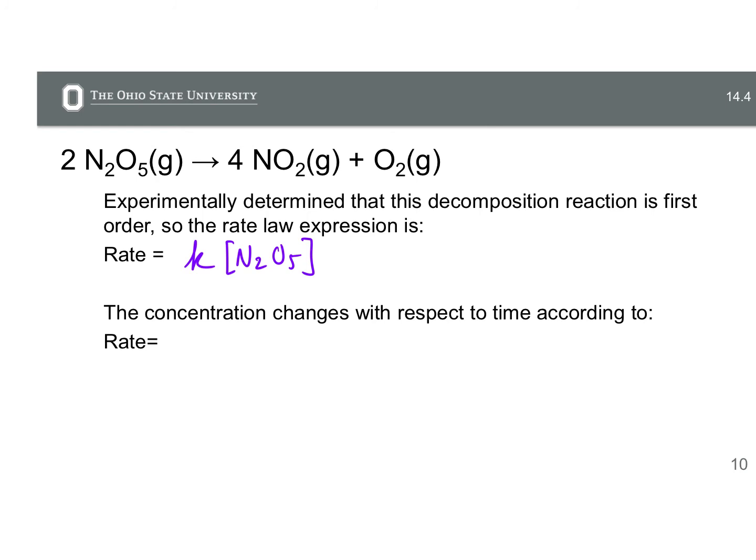That's it. The reason I want to point this one out, see the stoichiometric coefficient of 2? That is not going into the rate law automatically. So we said that the overall order for this reaction is first order. There's only one reactant, so we know it has to be first order with respect to that reactant. So rate equals K times N2O5.